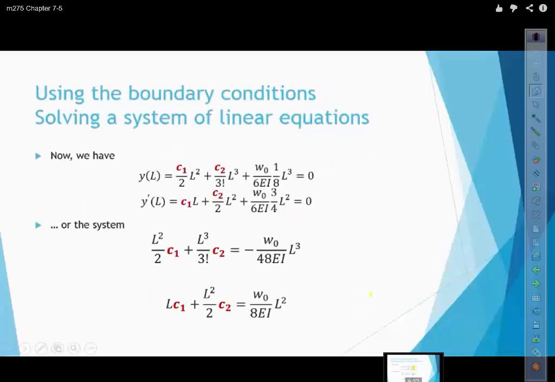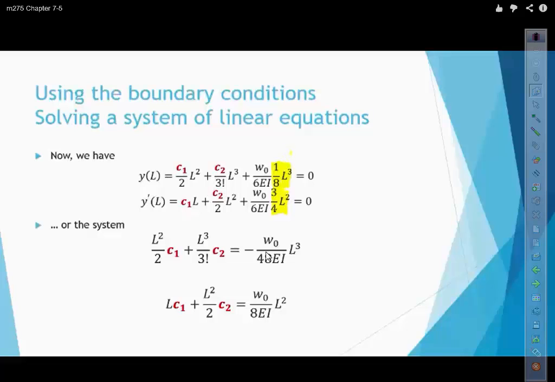Now, in putting it back to solve for C1 and C2, you would have a system of linear equations in C1 and C2, because C1 and C2 are not being raised to any powers or anything like that.